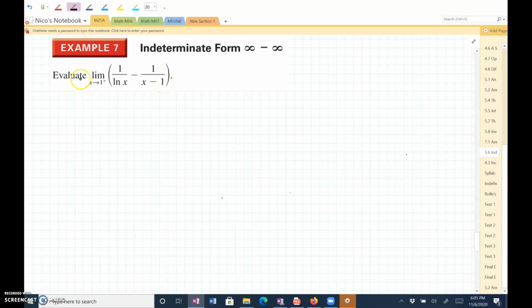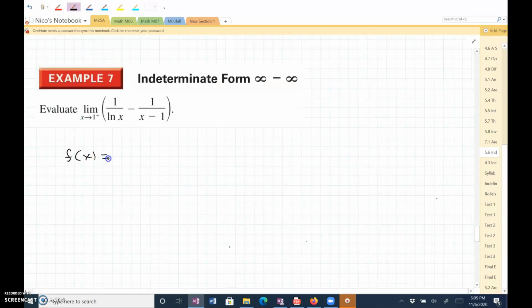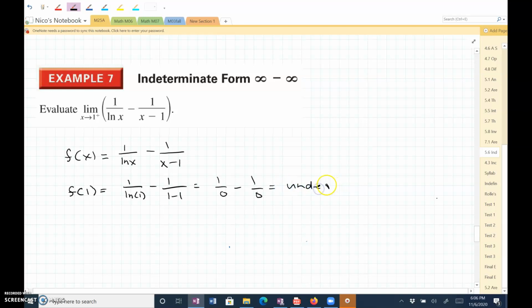So if f of x equals 1 over the natural log of x minus 1 over x minus 1, and we tried direct substitution, we would get 1 over 0 minus 1 over 0, which is undefined. So that doesn't work.